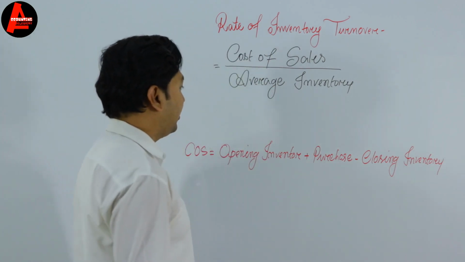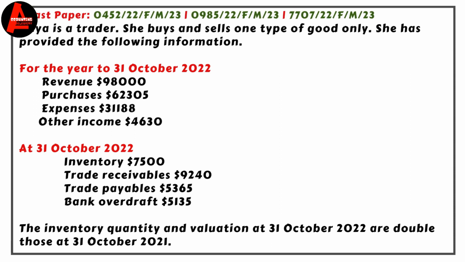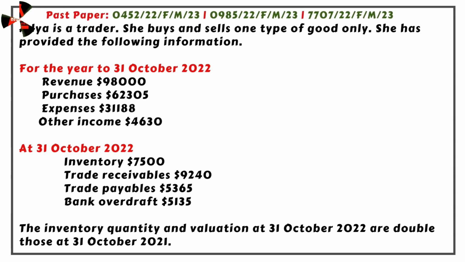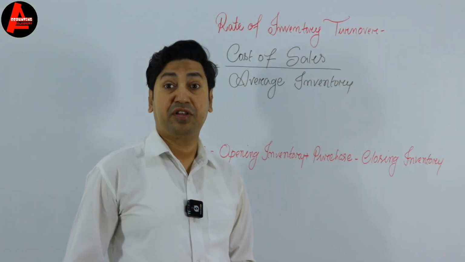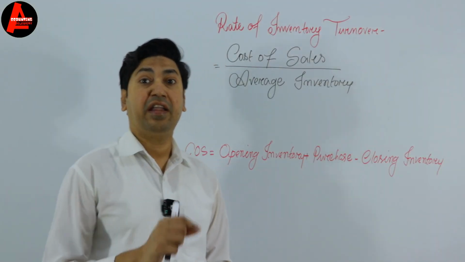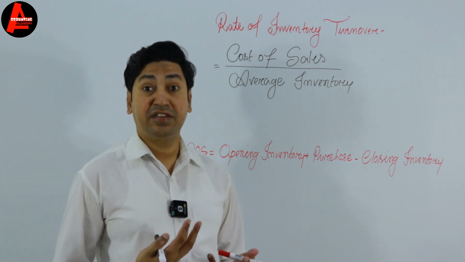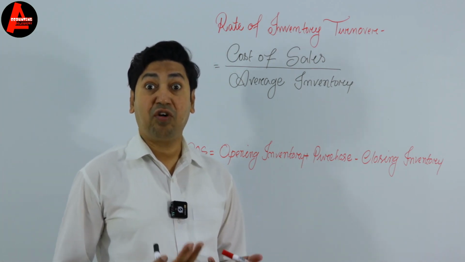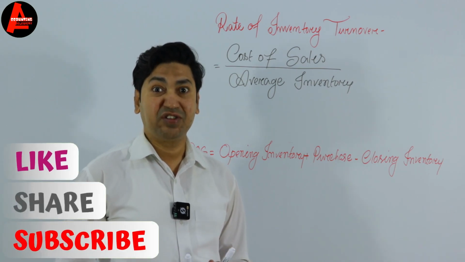Okay, so here on the question closing inventory is given here $7,500 and we have here purchase $62,305. Okay, so here on the question opening inventory is not given but closing inventory is given. It is $7,500. Okay, and in the adjustment it is clearly mentioned closing inventory is double those at 31st October 2021.